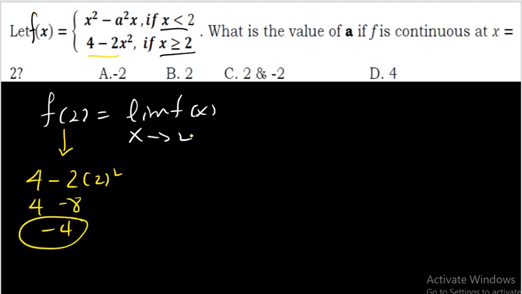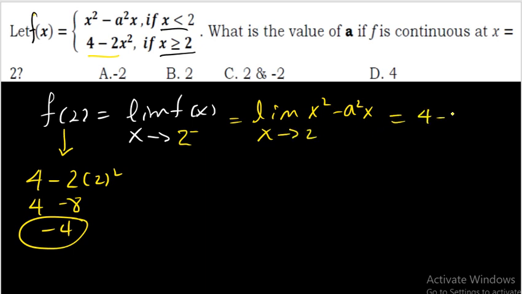For the limit value, either right-hand or left-hand, it has to be the same, because the limit value and functional value must be the same to say a given function is continuous at a point. So I'll consider the limit from the left side, taking the first function, x² − a², as x goes to 2. When I substitute, I will get 4 − 2a².